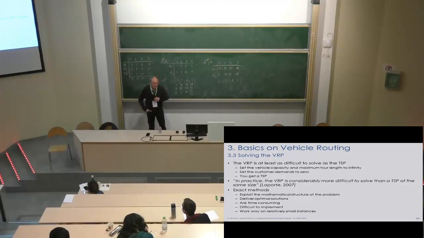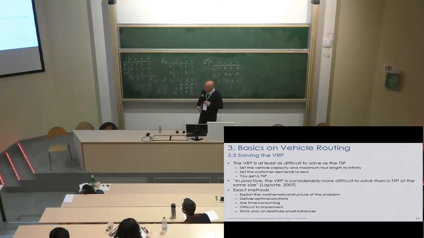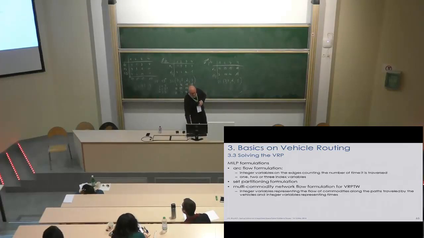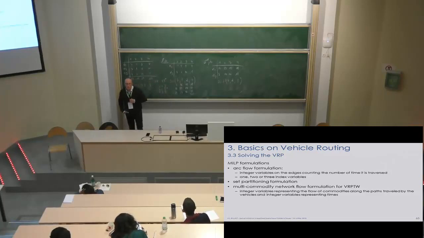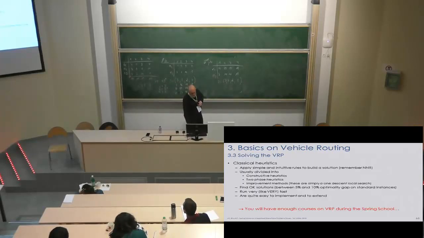You have a lot of exact methods, and you also have heuristic algorithms. There are MILP formulations, with arc flow formulation, set partitioning formulation, multi-commodity network flow formulation. I do not present these models in detail because it would be too long, so I just cite them.